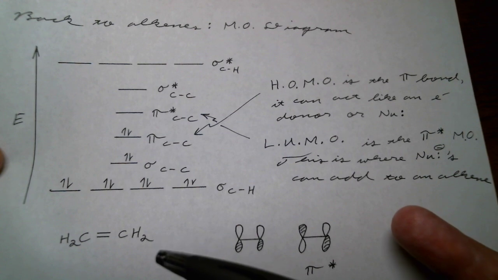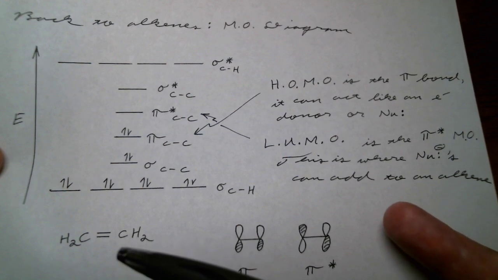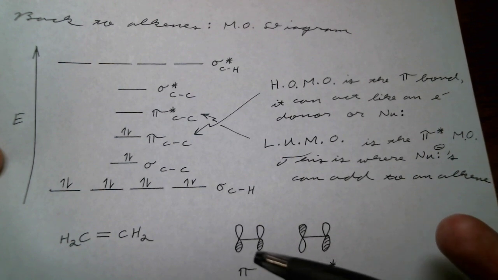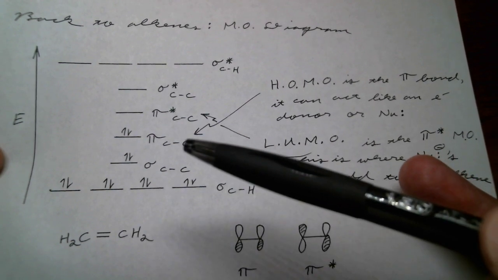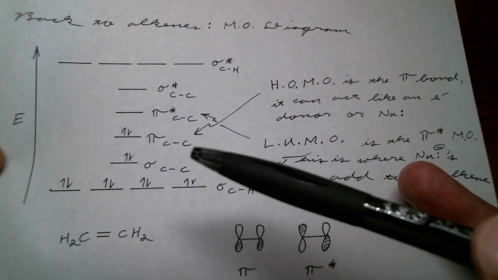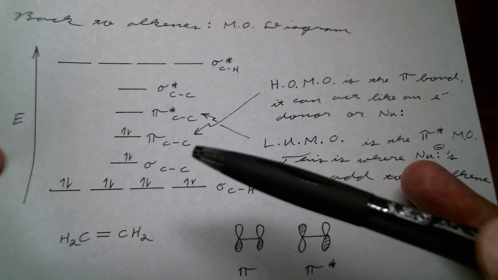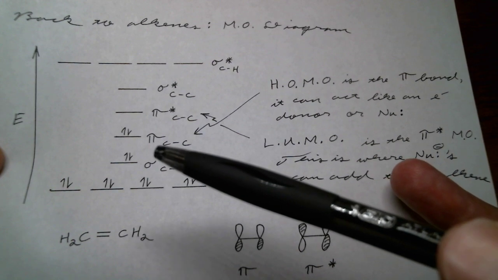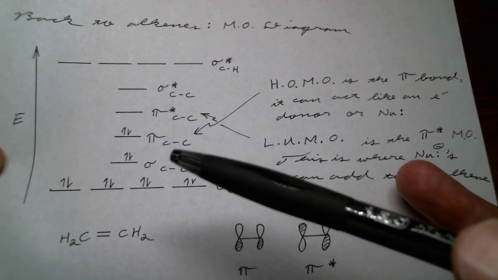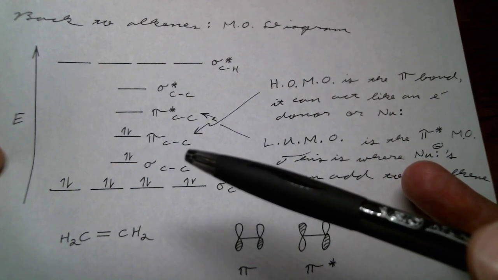And then, of course, because we're sp2 hybridized, each carbon has a p orbital left over on it, and so those two p orbitals can be combined in phase. So if their lobes are in phase, the same phase on the same side of the plane formed by the molecule, they can form a pi bond. So we have a pi bonding carbon-carbon molecular orbital.